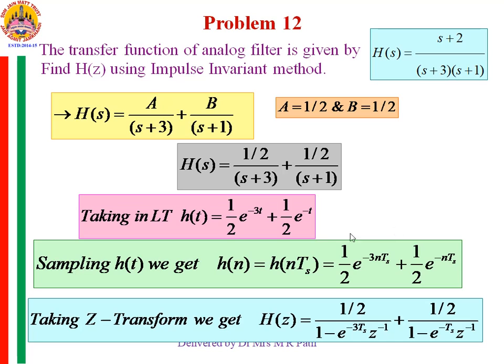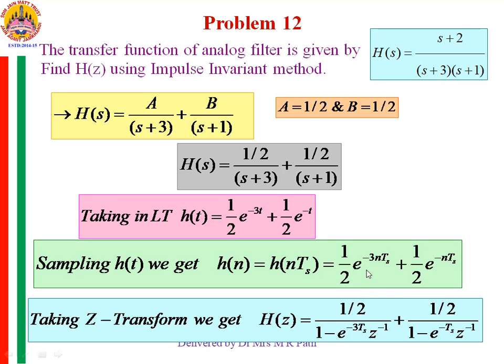Now to obtain H of z, we have to obtain the z transform of this equation. So H of z is equal to 1 by 2, the constant. Now the z transform of e raised to minus 3nTs, the closed form of expression of this, is 1 upon 1 minus e raised to minus 3Ts z inverse. It is in the form of a raised to n u of n, and a raised to n u of n you can write as 1 by (1 minus a z inverse).